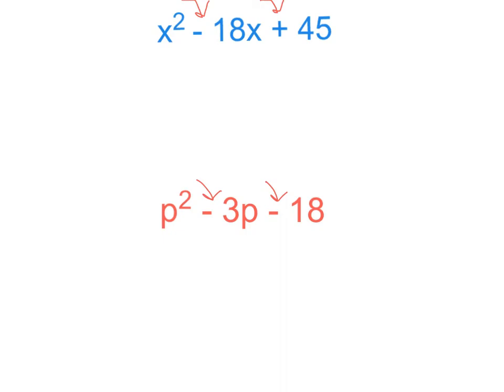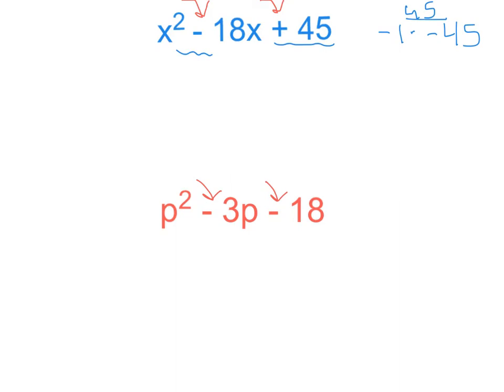If we go back up to this top one, I need factors of 45. But if my middle term is negative, that means that my two factors are both going to be negative. Negative 1 times negative 45, because the double negatives give me a positive 45, and if I add them, it will still be negative.